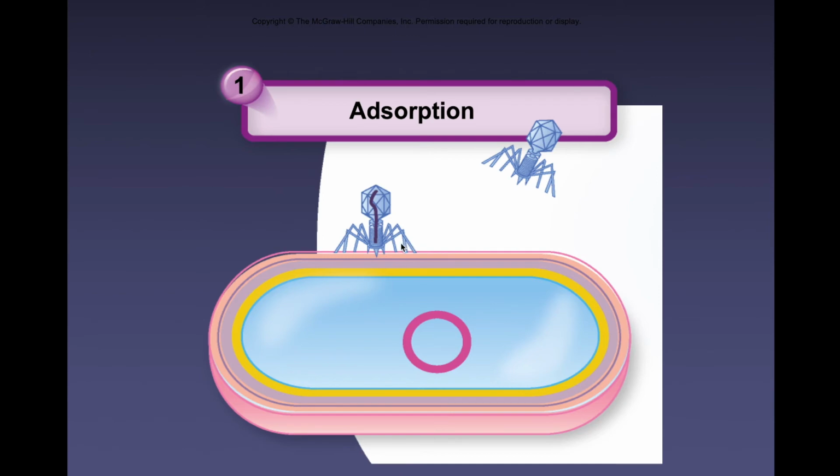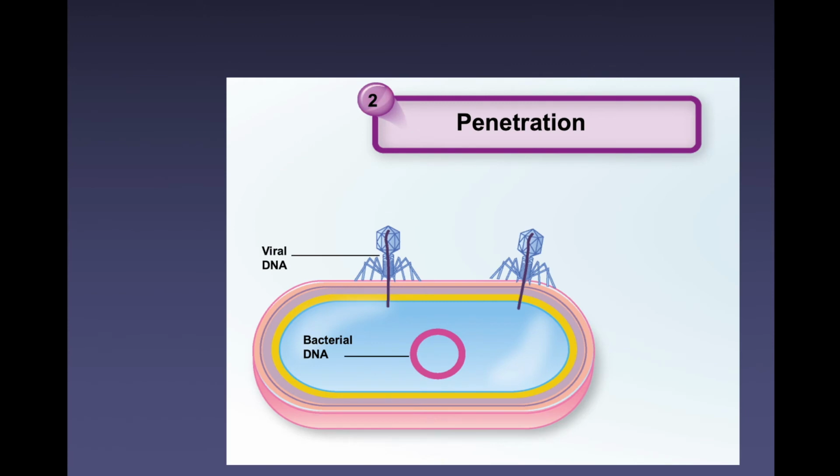Note that as soon as there is attachment or absorption of these tail fibers, the tail pins, which are these physical structures that essentially embed themselves into the host cell envelope, there's oftentimes an enzyme that's also released once you have the tail pins embedded to help burrow a hole through or penetrate through that cell envelope, because passing through that cell membrane is very challenging. Once absorption occurs, then we have penetration, and in this case the bacteriophage DNA or RNA.